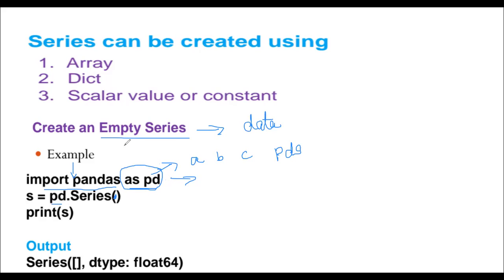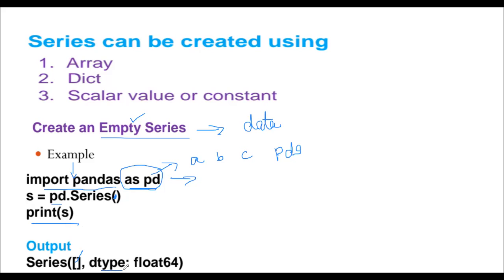So this is an empty series. Now I created a series. I want to know whether it is created or not. For that purpose, we have to use the print command. So print s. When you give print s, you get the output like this: Series, and it is the empty series. So just the square brackets you will get.